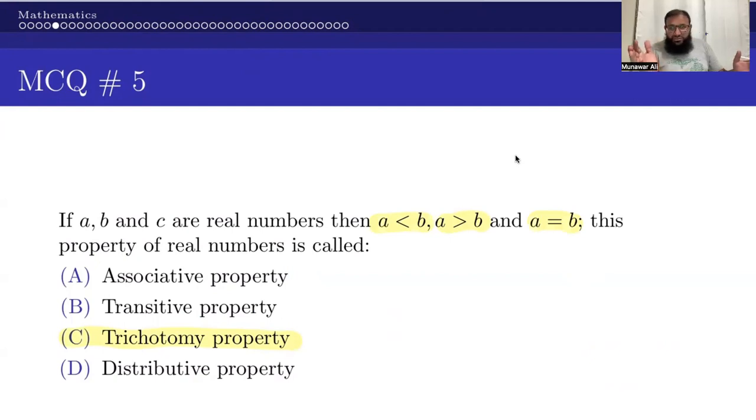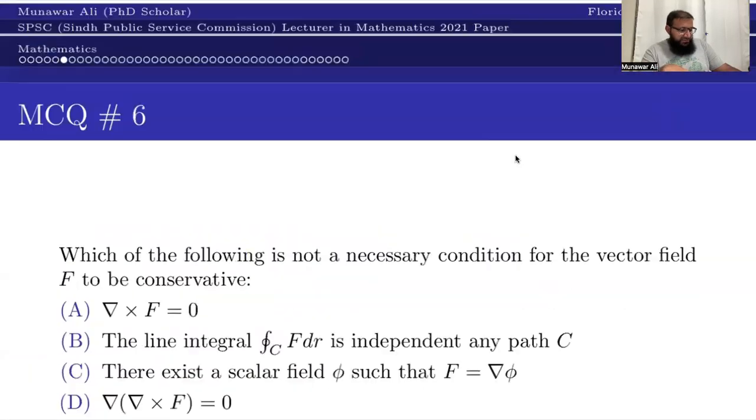That's it. And you know very well what is associative and what is distributive, what is the transitive property. I can tell you what is transitive. Okay, the transitive property of inequalities: if A is greater than B, and B is greater than C, it implies that A is greater than C. This is transitive. So you can transition some sort of property from one point to another point. Okay, so it's really simple, I think.